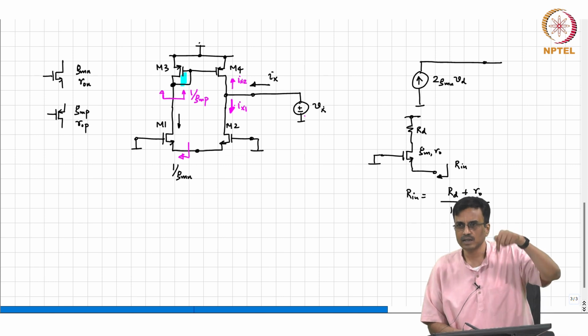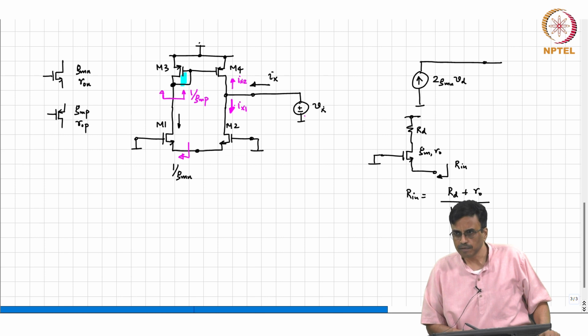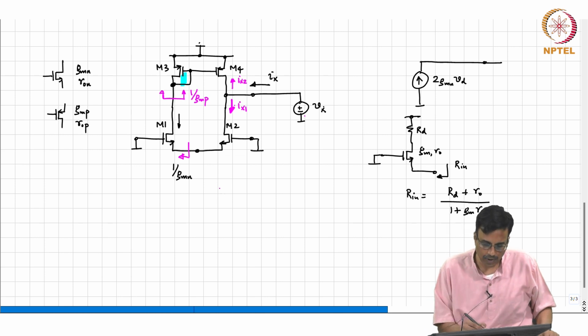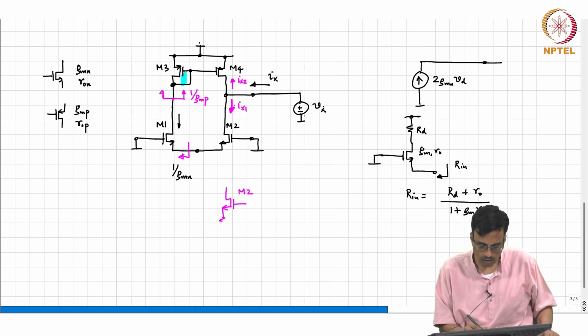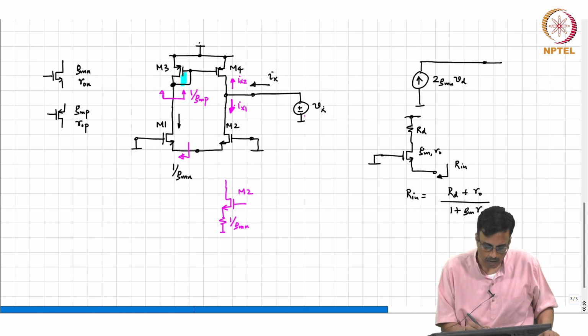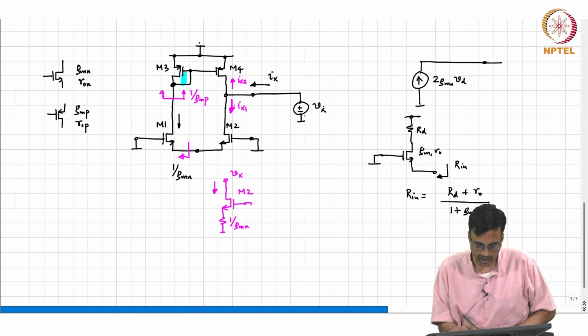We have to find the resistance looking down from the drain of M2. So, as far as M2 is concerned, to calculate Ix1, this is M2. What is there at the source of M2? 1 over GMN. And so, we are applying Vx here. So, what is the current? What is the output resistance looking in from the drain of M2?